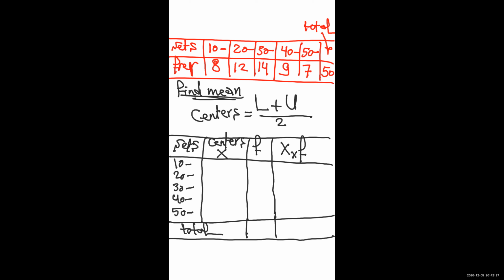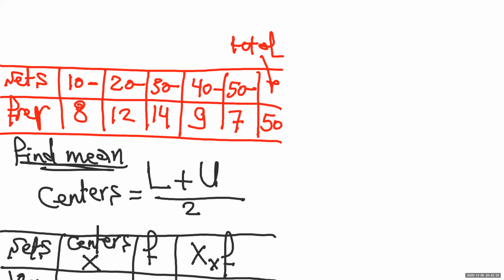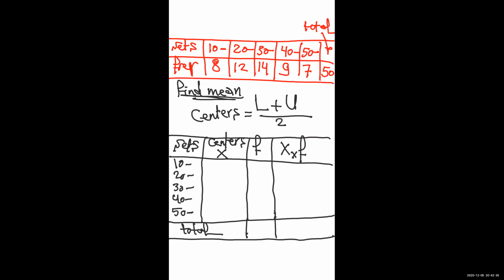I said that the center of the set equals the lower limit plus the upper limit divided by 2. So the first set is 10, so 10 plus 20 divided by 2. 30 divided by 2 means 15. So the center for this one is 15.